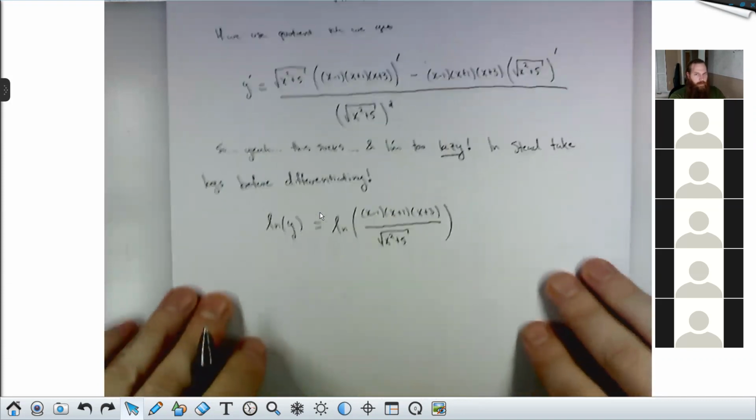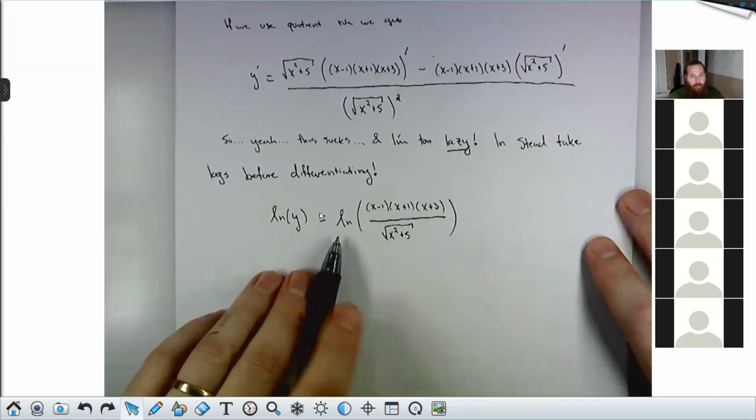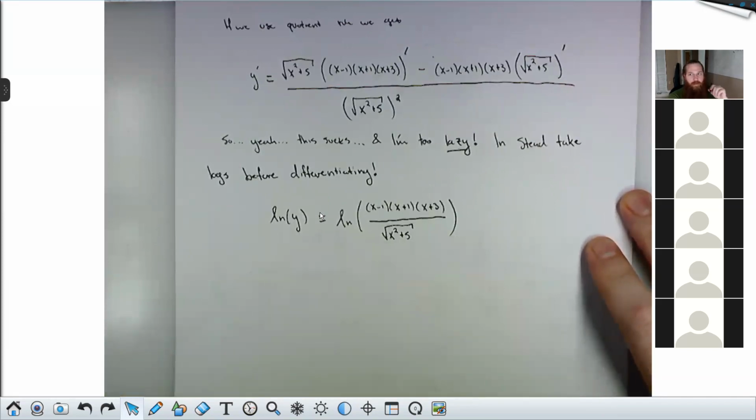Because if I take the log and then use the algebraic properties of the logarithm to expand this thing before I differentiate, I won't need a single quotient or product rule.